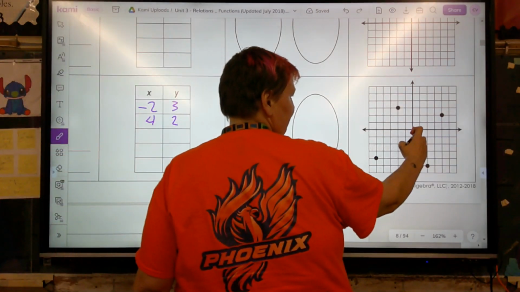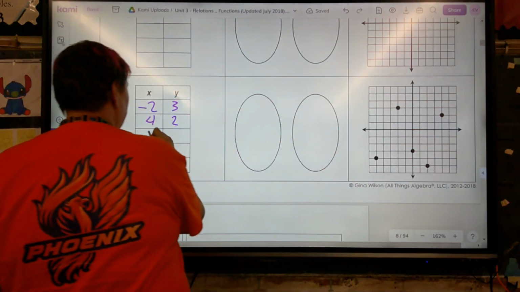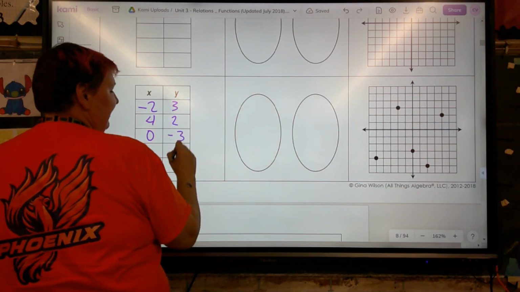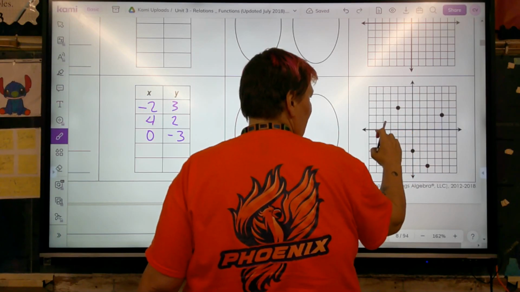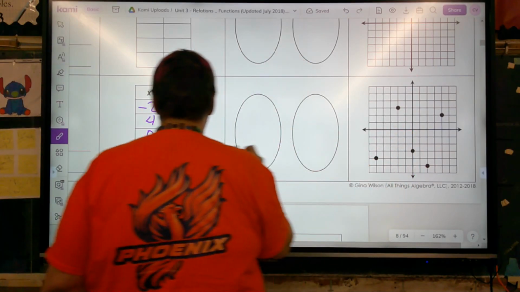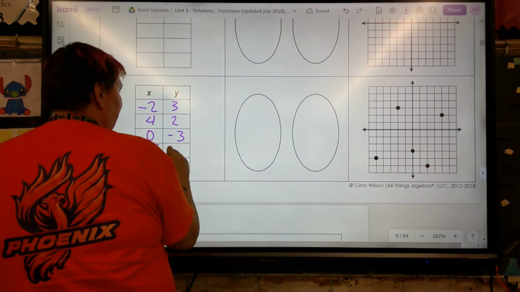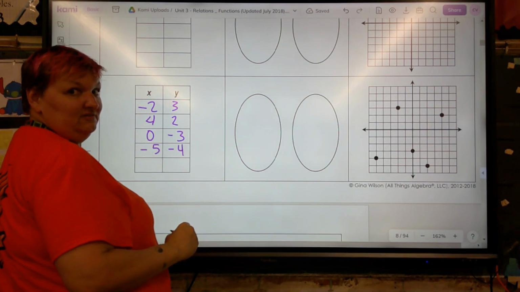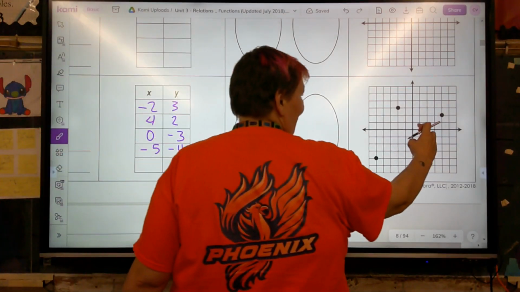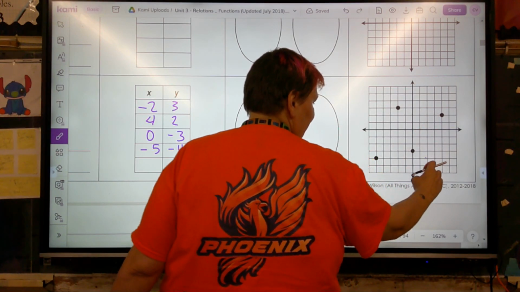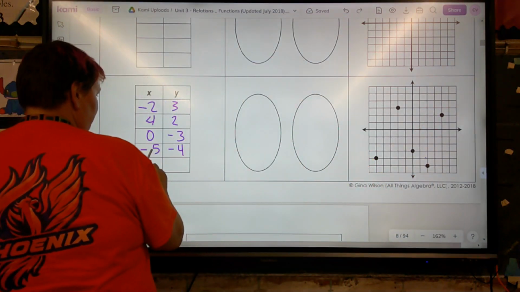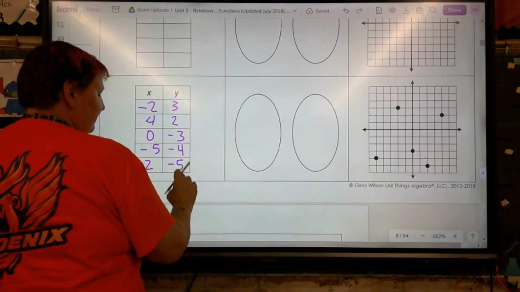I had no left or right, and I had 3 down. 1, 2, 3, 4, 5. 1, 2, 3, 4. 5 left and 4 down. You see what I just did there? And 1, 2 to the right, and 1, 2, 3, 4, 5. 2 to the right and 5 down.